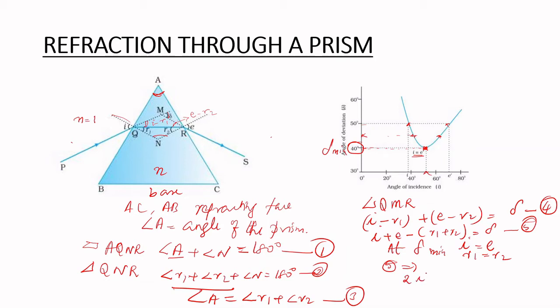So this becomes 2I minus 2R is equal to delta minimum, as R1 and R2 are equal. From equation 3 we get R1 plus R2 is equal to A. That means we get 2R is equal to A, or R is equal to A by 2.